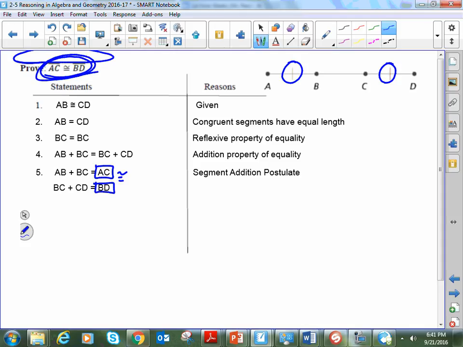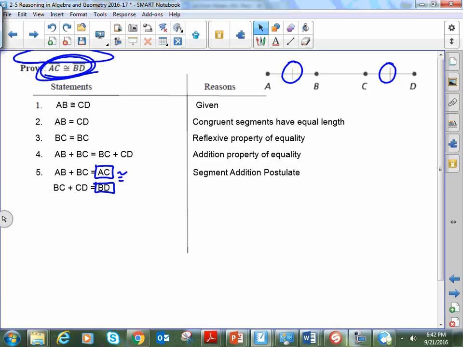So the two smaller parts that make one segment and the two smaller parts that make the other segment in my proof, well, that's just going back again to our segment addition postulate. That's old stuff. It's not going to show up in our new statements or in our new reasons. That's old material that we already have to be aware of.